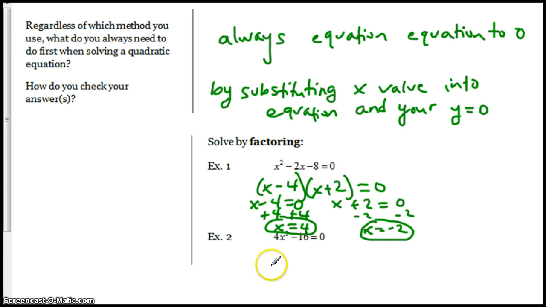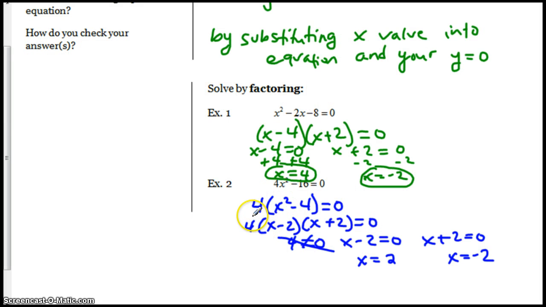Now I want you to go ahead and try number 2. Try to factor number 2 and try to then solve. Okay, so you should have factored out your greatest common factor of 4 first. Then notice this was a difference of squares and factored that. Then you set each factor equal to 0. Now, one of these factors, 4, our greatest common factor, does not equal 0.